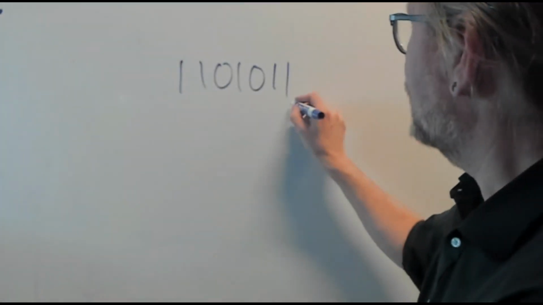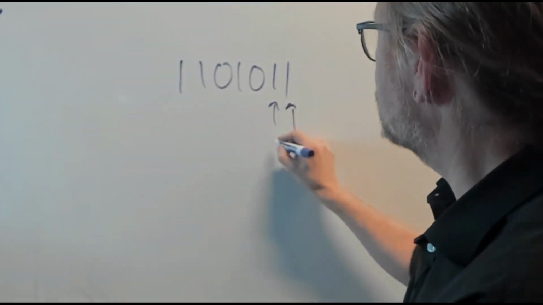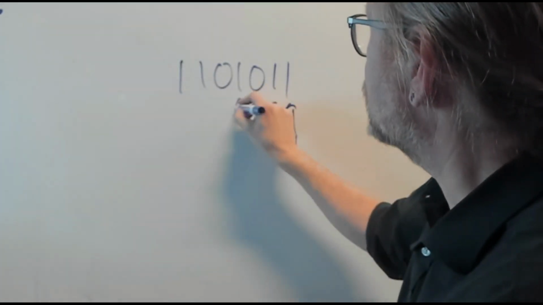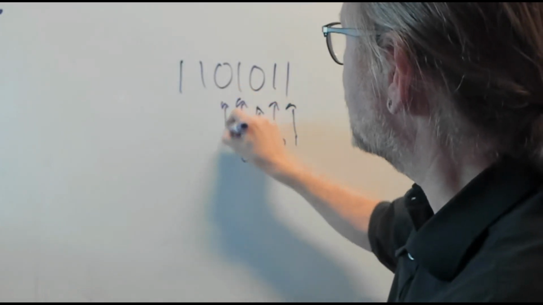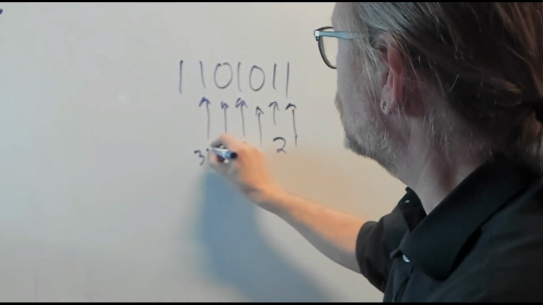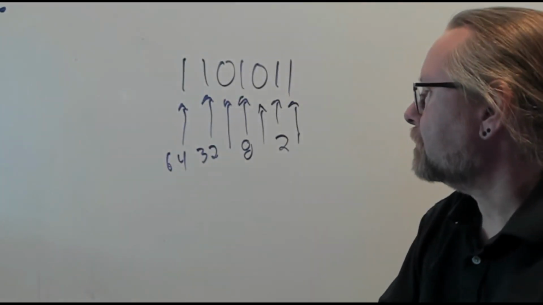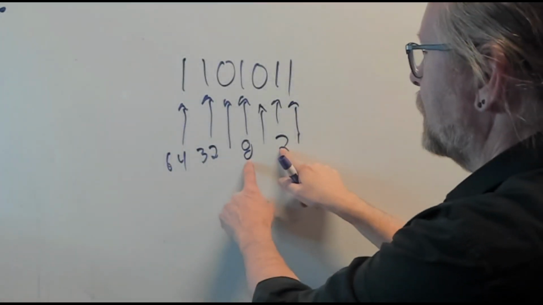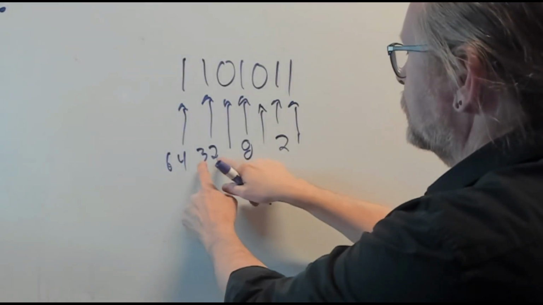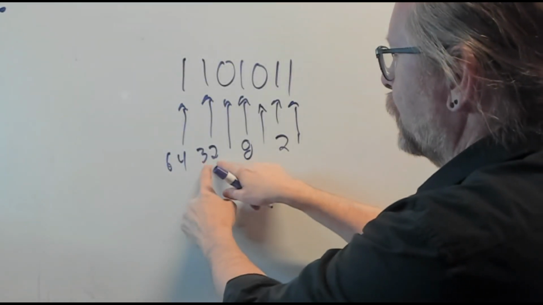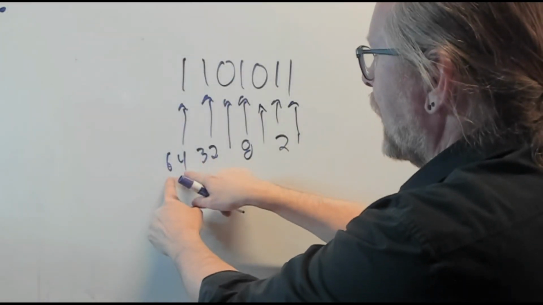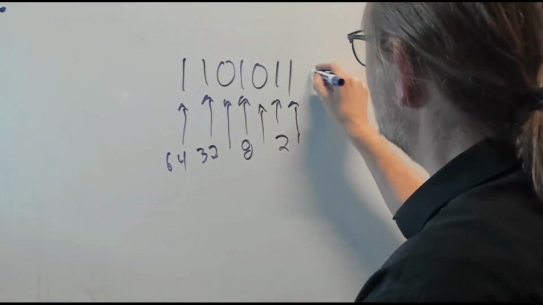So what is that number? It's 1 plus 2 plus no 4s plus an 8 plus no 16s plus a 32 plus a 64, right? That's 10, 42, 106, 107.